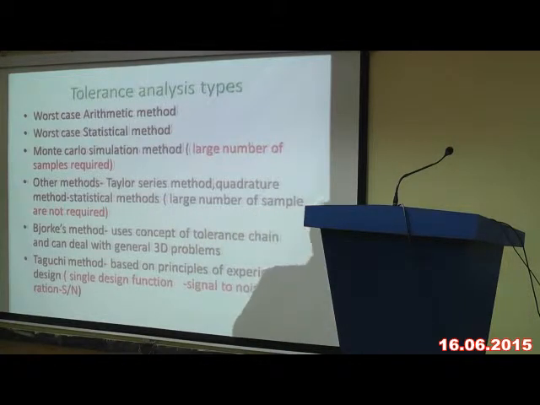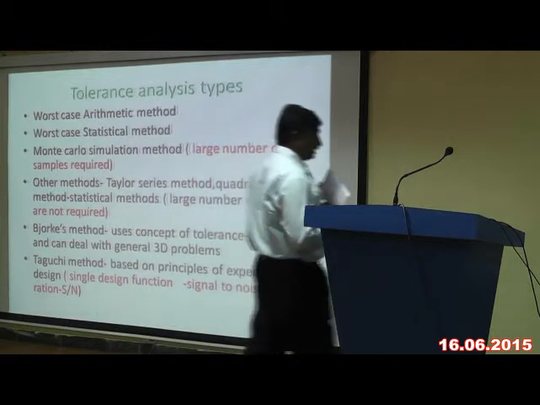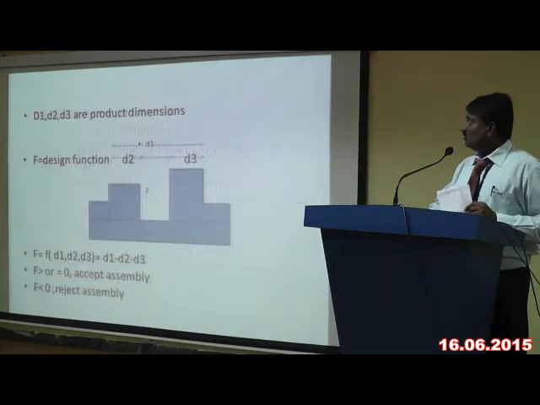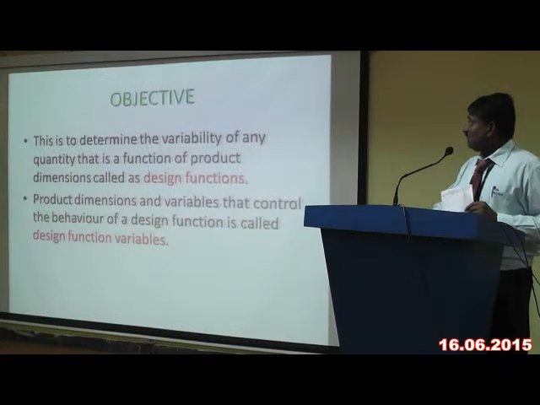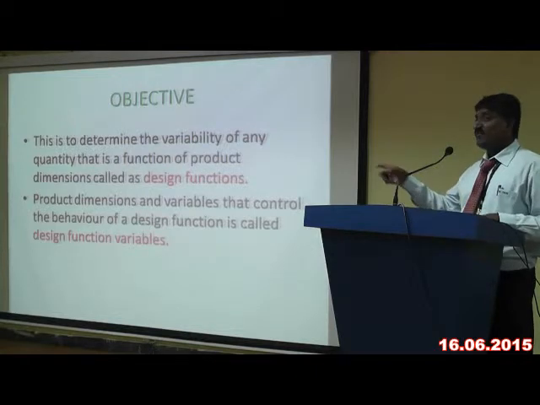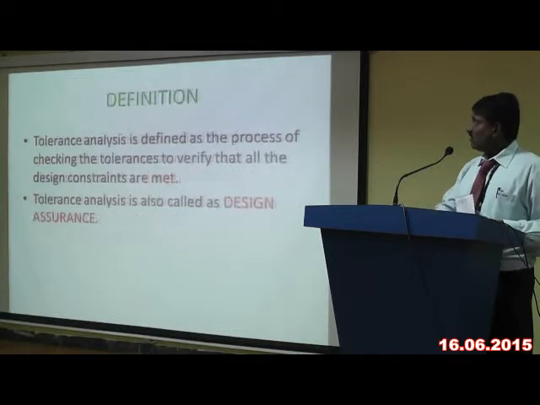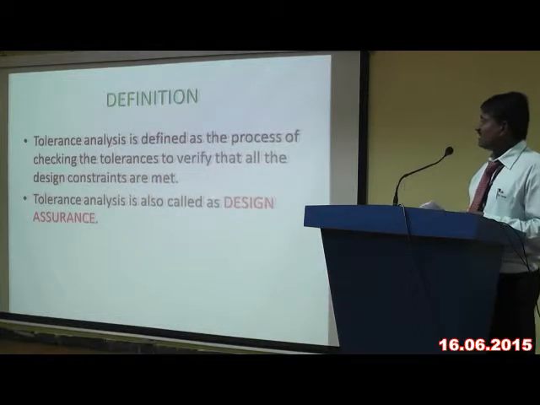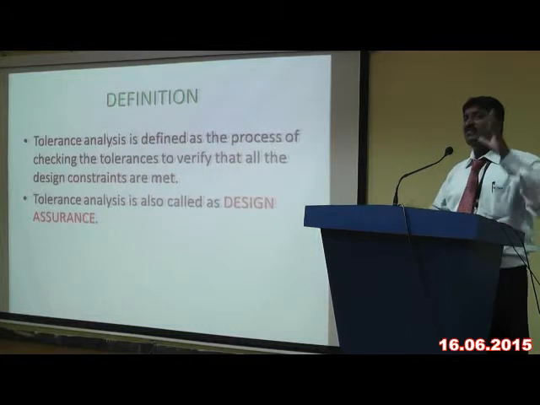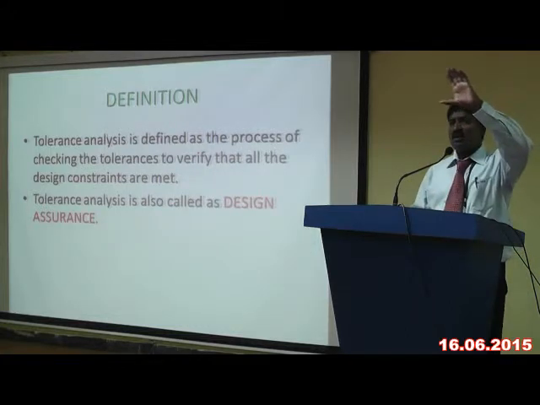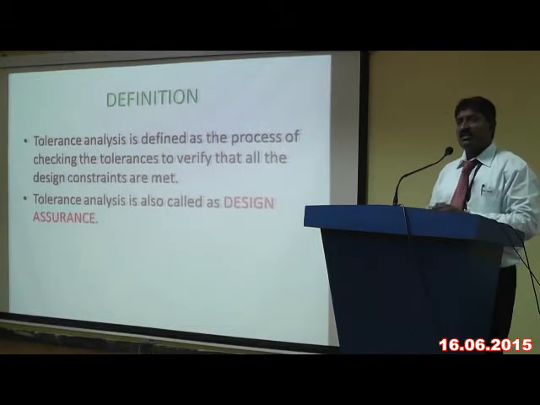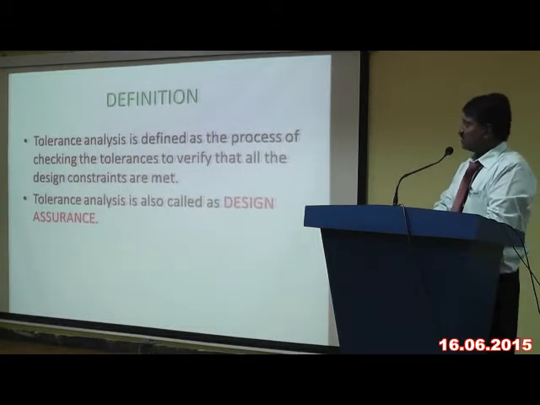When these design constraints are taken, as I told you, the design functions and design function variables. What is the definition? Design constraints are met, and design assurance. So we have to assure and ensure that whatever we design or make or machine has to be according to the parameters.